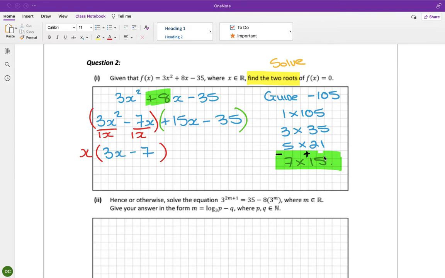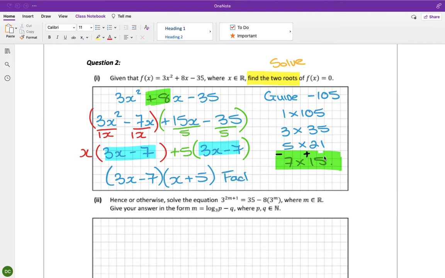The green bracket is 5. That gives me, if I divide both of these by 5, I get 3x minus 7. I need to check if these brackets match, which they do. So that gives me 3x minus 7, x plus 5. So there's my factors, and I wasn't asked to get factors.